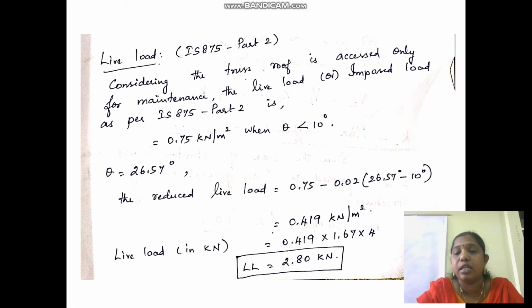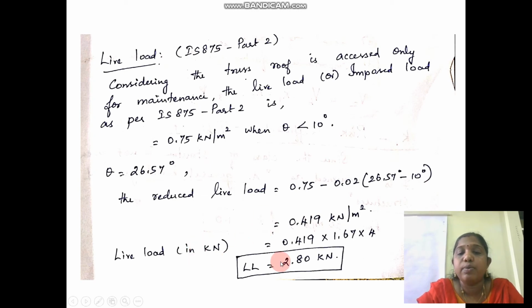For my trusses, it is 26.57 minus 10, which is 16.57 degrees increase. So for 1 degree it is 0.02. For this difference, I have to multiply with 0.02 and deduct it from the actual loading of 0.75 kilonewton per meter square, which is equal to 0.419 kilonewton per meter square, the reduced live load acting on the structure.